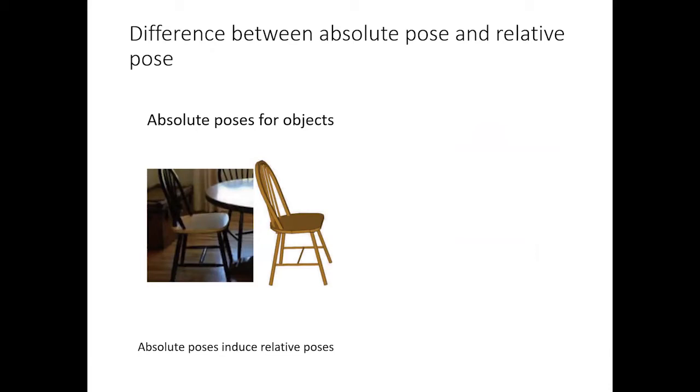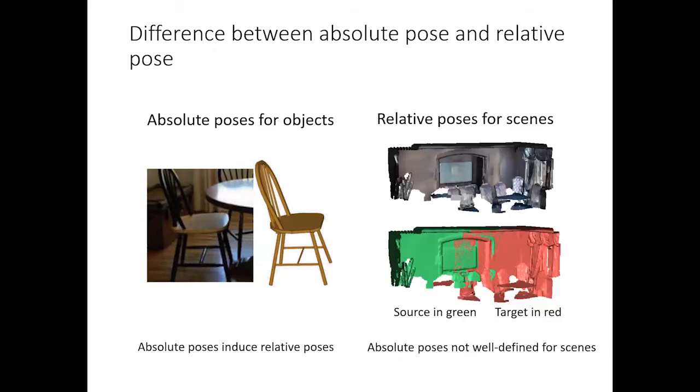But for 3D scenes, we don't really have the absolute pose problem, because scenes don't have an absolute orientation. For example, what is the front? Maybe there is an upright orientation, but we really do not have the notion of a front orientation. This makes relative pose estimation important, meaning that given two scans, we want to estimate the relative pose.